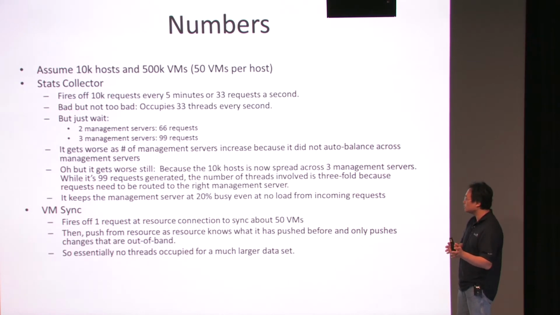And the management server respects the fact that the resource will do something correct. So essentially, we have no thread occupied for a much larger data set, 500K VMs, and not much processing at all happens for VM sync.